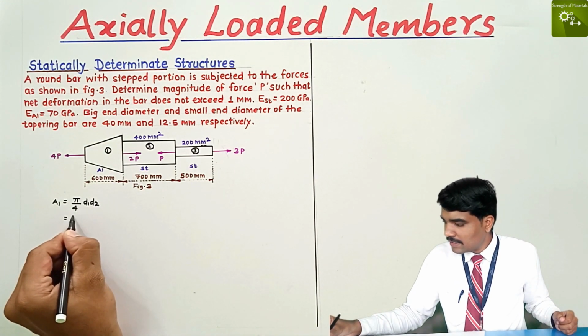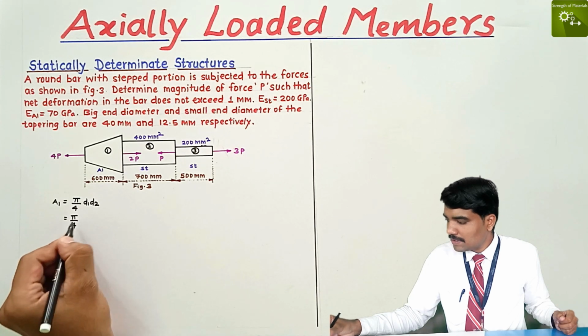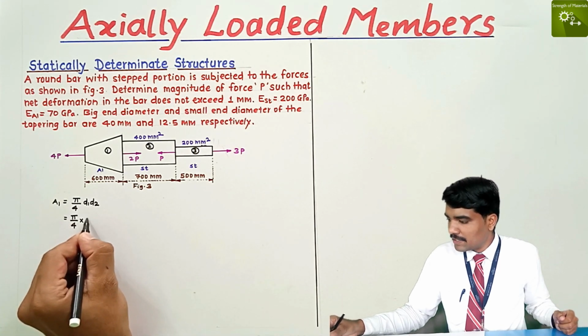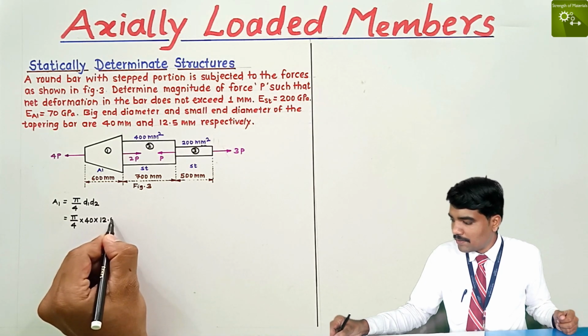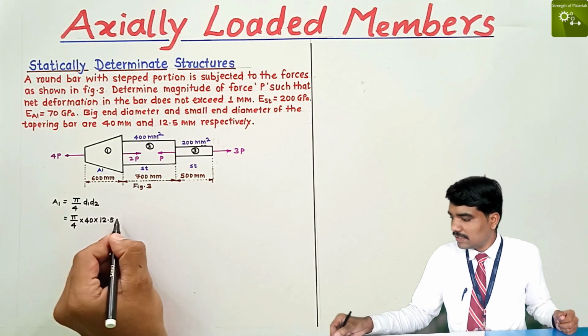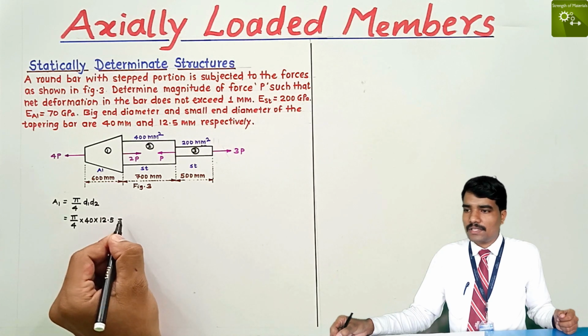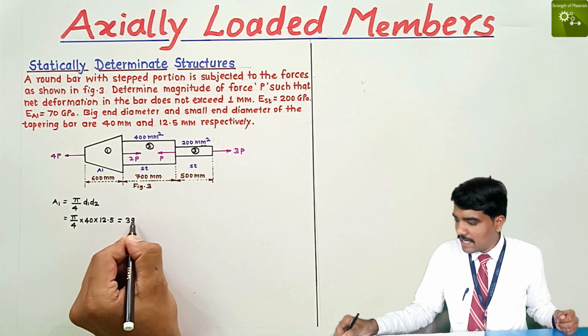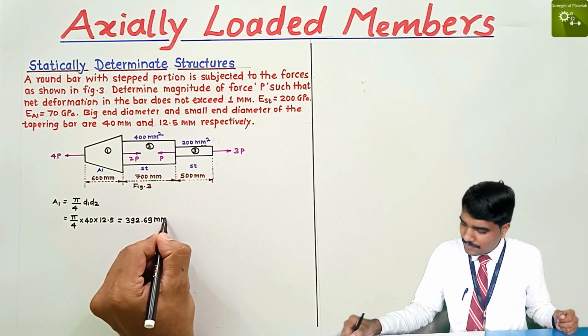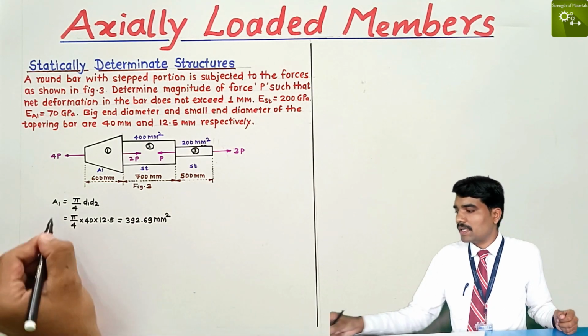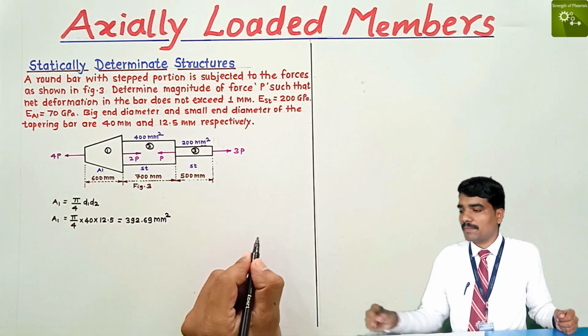Okay, let's see, this is pi by 4, diameter at big end is 40 mm and diameter at small end is 12.5 mm, and the area is, the calculation is 392.69 mm square. Okay, we got A1, area of first member.